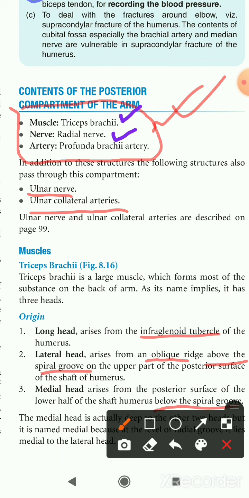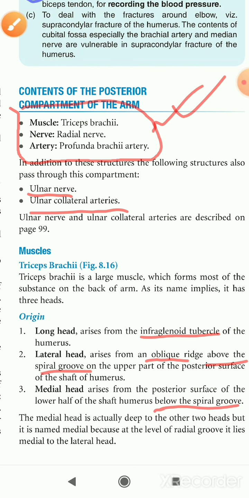Then the artery is the profunda brachii. We already know that in the posterior aspect of the humerus, the radial nerve and profunda brachii artery pass, so the profunda brachii will supply the posterior compartment of the arm. Some other structures also pass through this compartment: the ulnar nerve and ulnar collateral arteries.